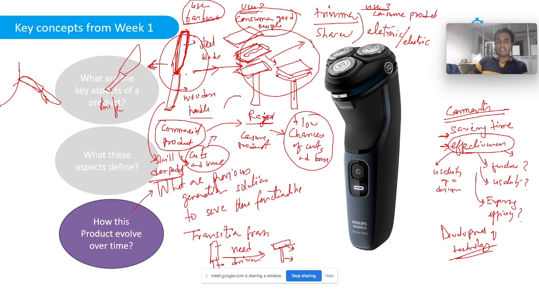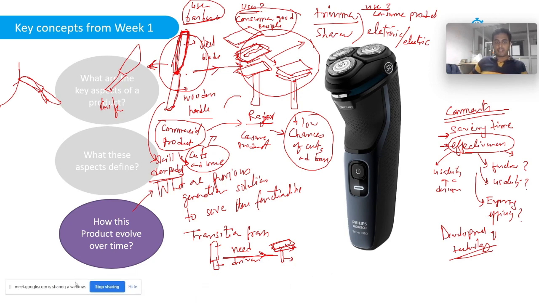There is not much that industrial engineering or industrial evolution brings between these two designs. However, what changes here is that this particular design solves certain limitations which occurred earlier when you use this kind of barber blade. Got it? Any doubt here?